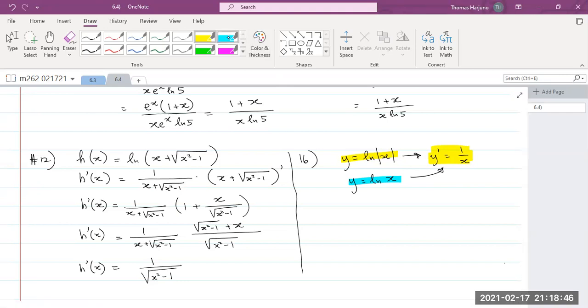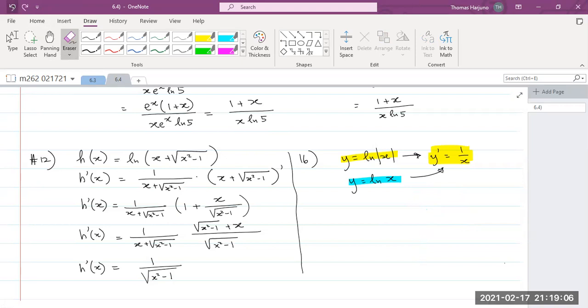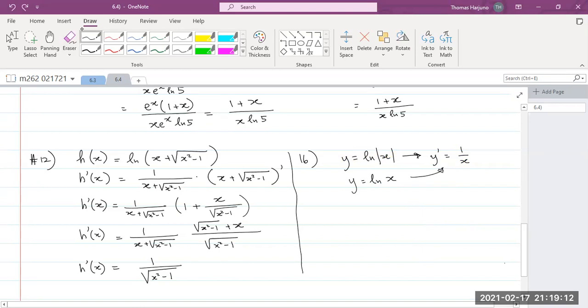But if you use the blue function, the derivative only applies for positive x, because the function is not even defined when x is negative. The restriction is with the domain, even though the derivative seems to be the same.